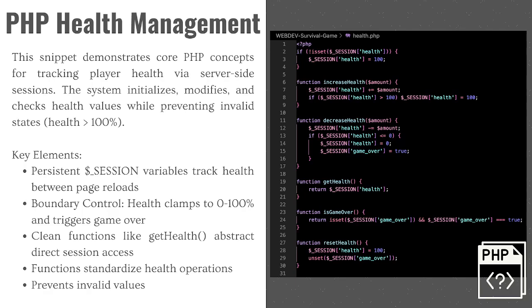For the key elements, persistent session variables track the health between page reloads; boundary control, where health is clamped to 0 to 100% and triggers the game over; and clean functions like get_health abstract direct session access. Functions standardize health operations and prevent invalid values.